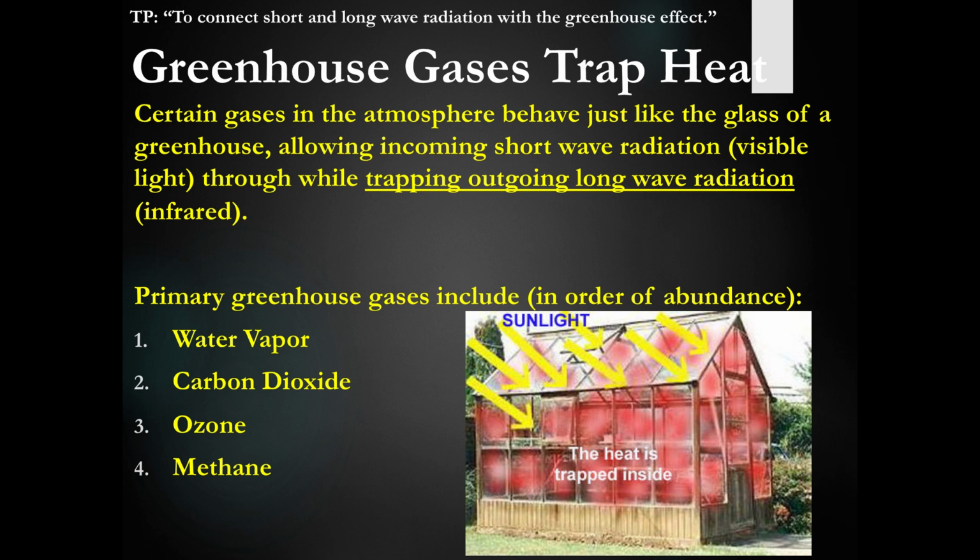Now, going here, primary greenhouse gases include, in order of abundance, water vapor, a lot of water vapor. We also have a lot of CO2, carbon dioxide. We have ozone, which is O3. And we have methane too, called CH4.